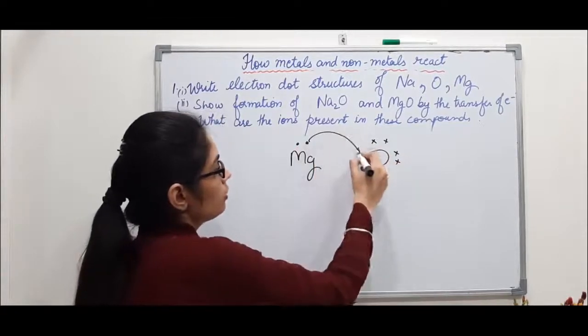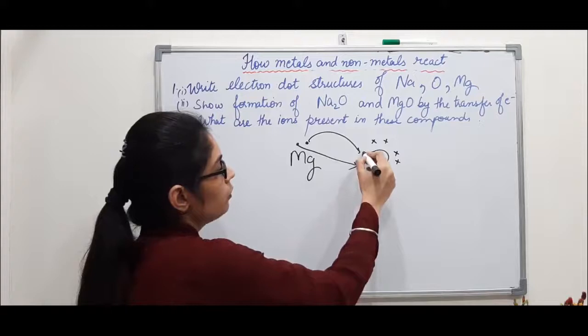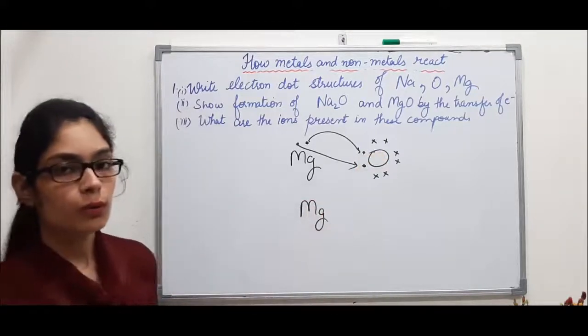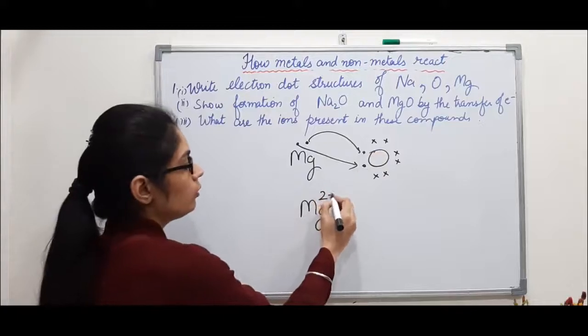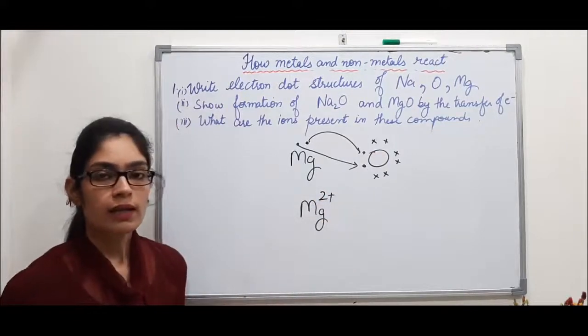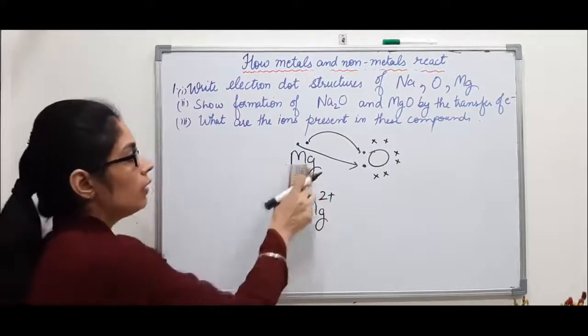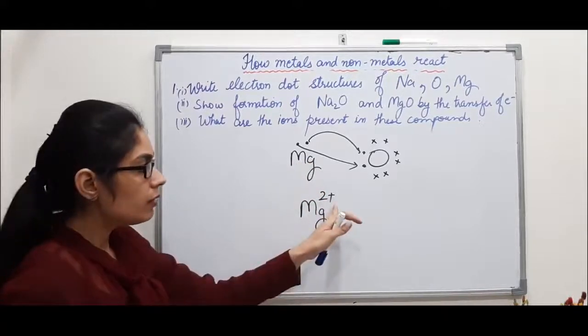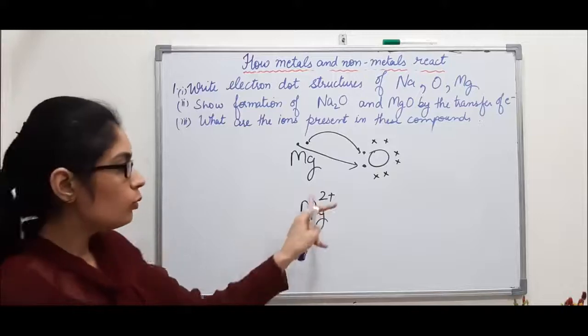So 2 electrons magnesium will transfer to oxygen. So magnesium, since it is giving 2 electrons, so it will acquire 2 plus charge. So how many electrons a particular atom is giving, that charge it will acquire. So it is giving 2 electrons, that's why 2 positive charge.